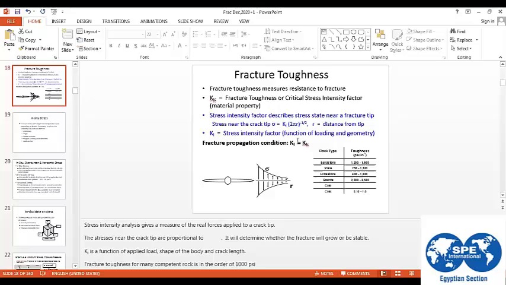The closure stress is the stress applied on the fracture from both sides of the frac, trying to close it. This closure stress controls the fracture width. If you have less closure stress, you will have bigger width. If you have higher closure stress, the frac will be narrow.